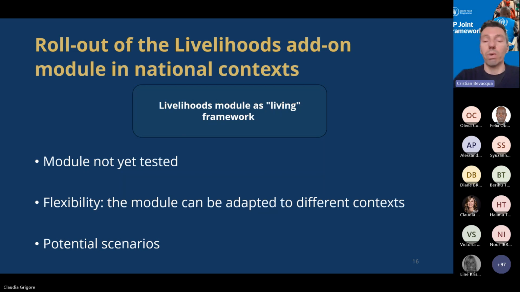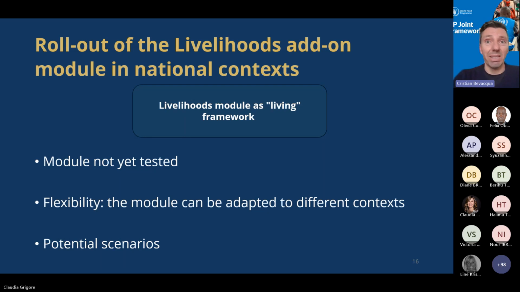We might have situations in which we want to investigate, for instance, the livelihood sector in urban settings, and therefore the module allows us to deeply assess urban-related livelihoods activities.